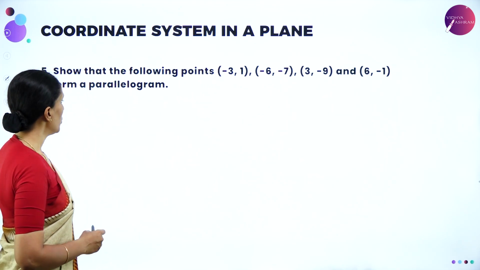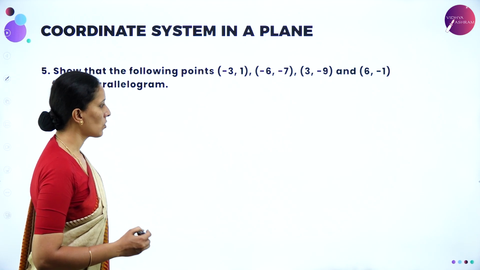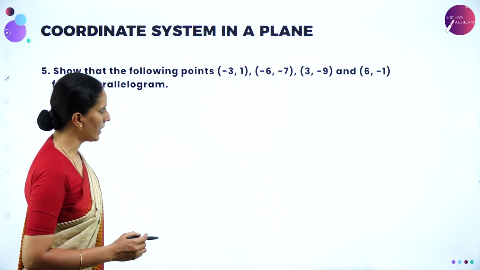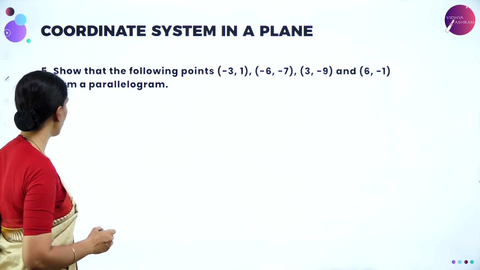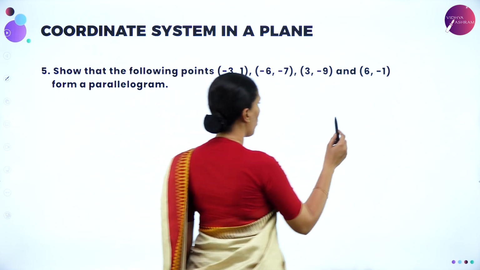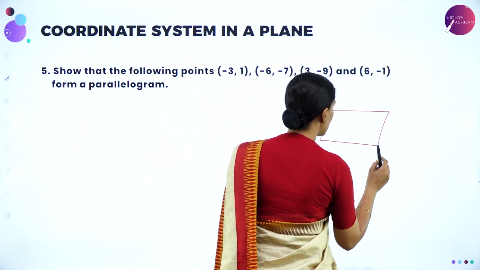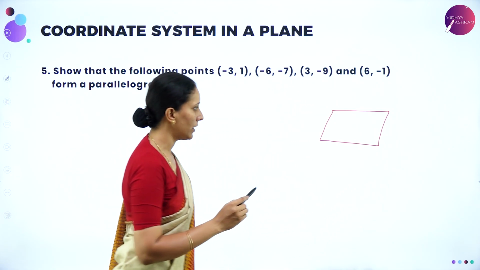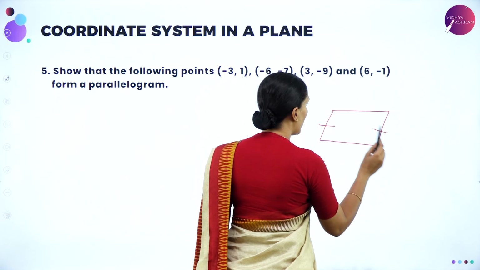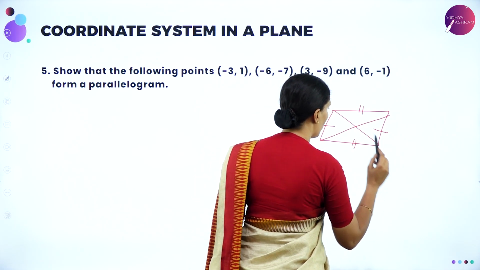Next question. Show that the following points (minus 3, 1), (minus 6, minus 7), (3, minus 1), (3, minus 9) and (6, minus 1) form a parallelogram. We have discussed in the application of distance formula that if any 4 points form a parallelogram, then opposite sides are equal and diagonals are unequal.